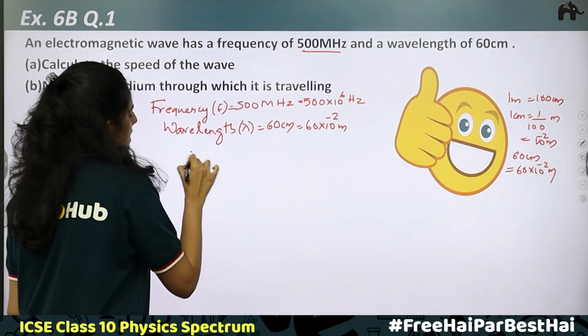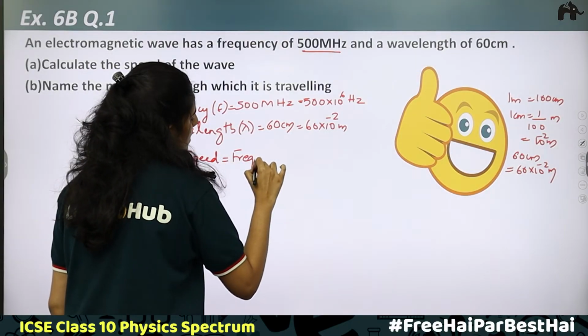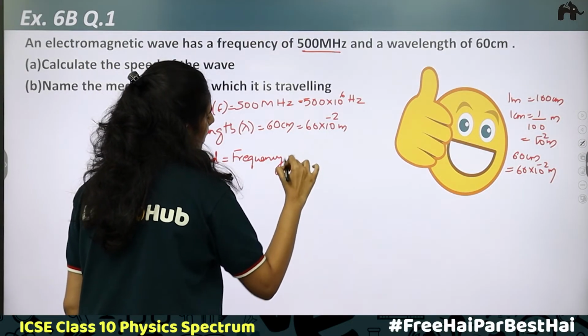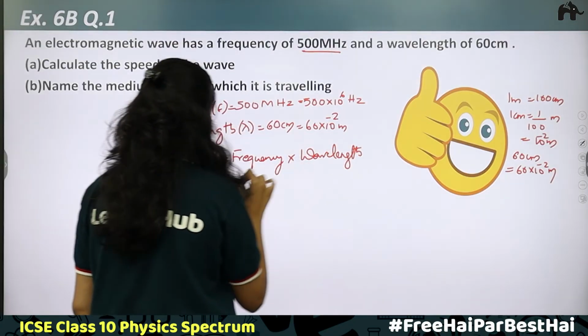Now, we have to find the speed of wave. So, speed is equal to frequency into wavelength. Now, put the values.